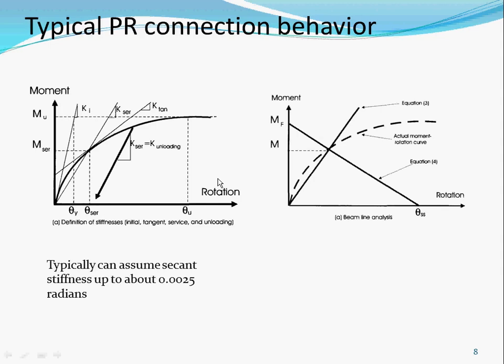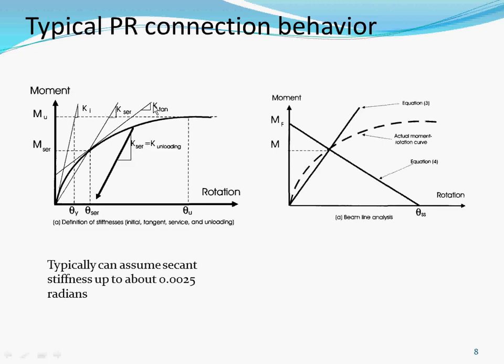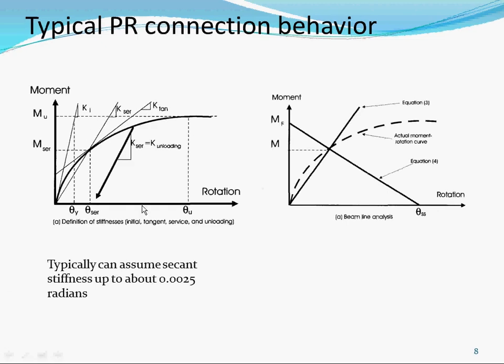Typically, drift or deflection is calculated with an elastic stiffness. So if the stiffness changes so much, which one do I use? Do I use the very first one that is yield, or some kind of secant stiffness, or tangent to the line where your serviceability concerns? So it's hard to justify which one to use.